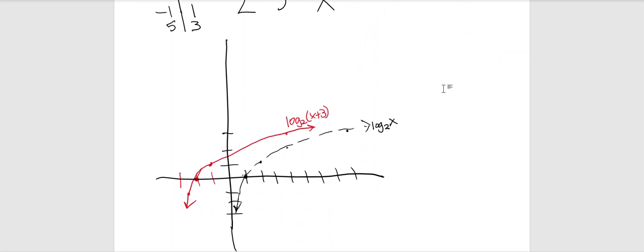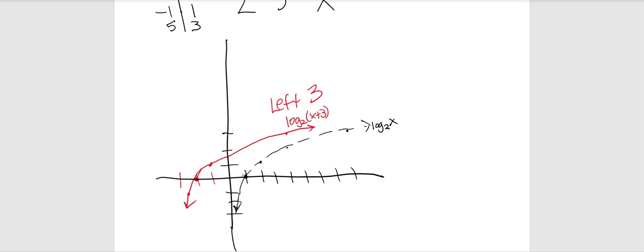Doing so, I can compare that to my original parent function and see that log base 2 of x plus 3, where I'm adding 3 inside the parentheses to the x, all that's done is slid the function to the left 3. I moved the function left 3 units.